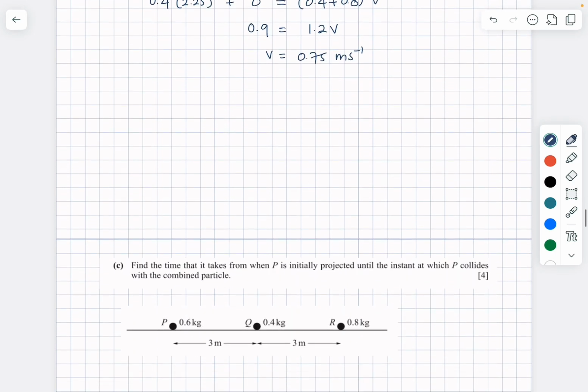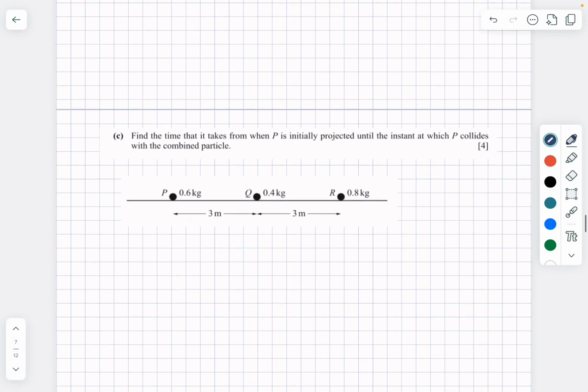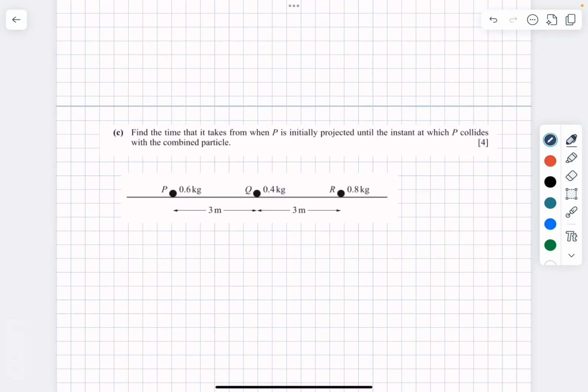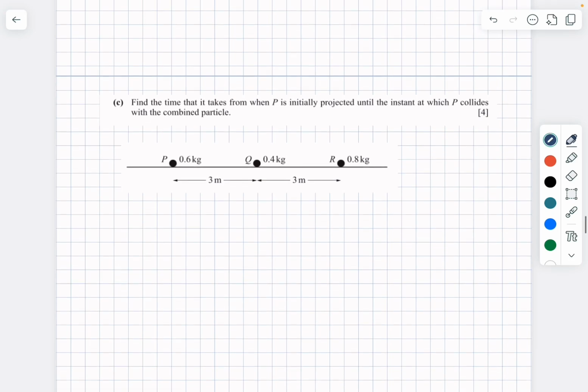Okay, the last part. Find the time that it takes from when P is initially projected until the instant at which P collides with the combined particle. When P is projected, the speed is 3.